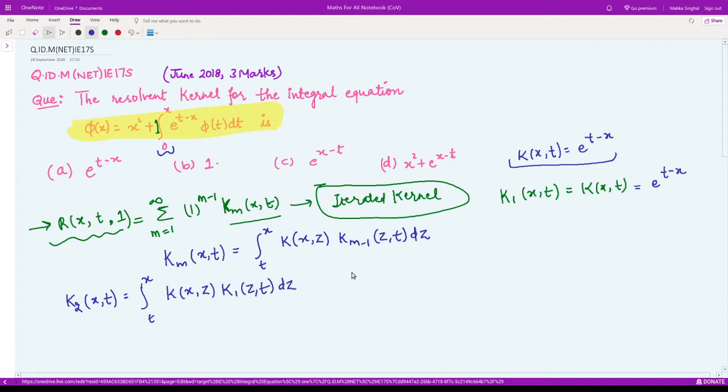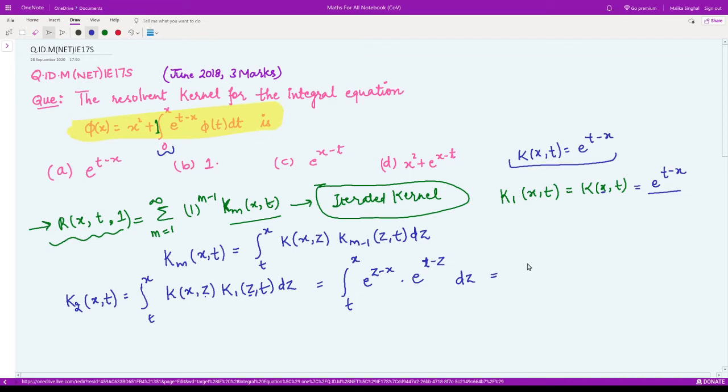Because we are calculating the second kernel. So it is integration from t to x, e to the power z minus x. Why z minus x? Because in place of t we are substituting z and we are keeping x as it is, right? And from this K_1, here what we are doing, t would be as it is and we are replacing this x with z over here. So e to the power t minus z dz. The integration is with respect to z.